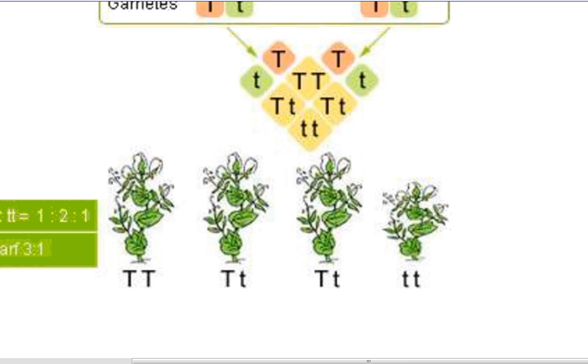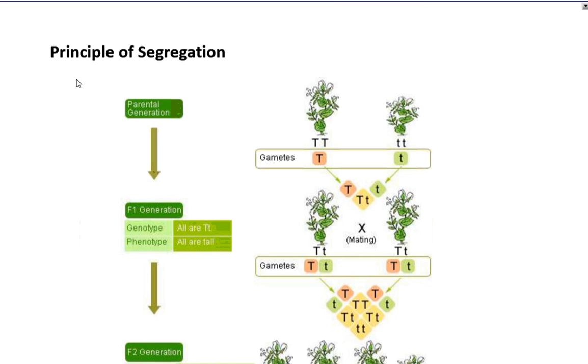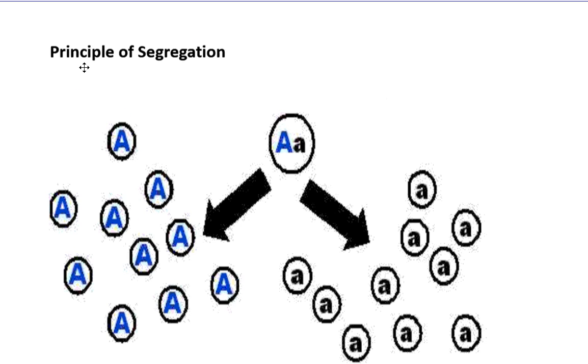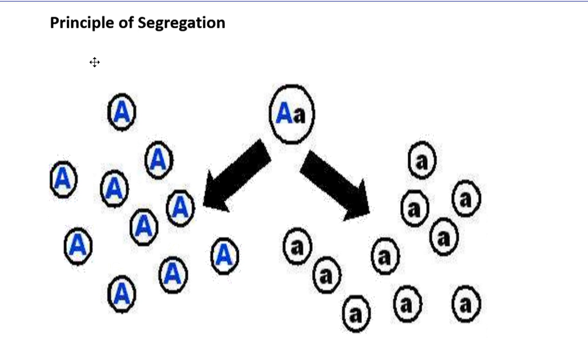And this is the principle of segregation. Let's look at it this way. So this is your genes for this particular trait, whatever this trait might be. And you're able to give the little a as equal as you're able to give the big A.